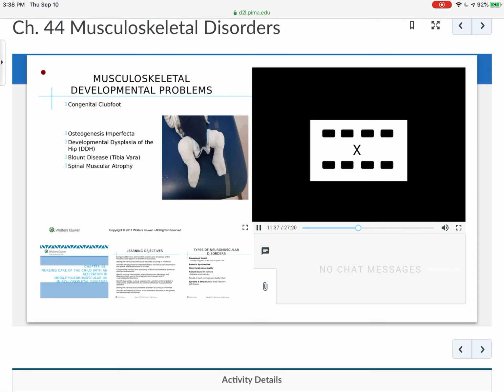It could be idiopathic, which means we don't know. It can be neurogenic. So the goal is to get that foot to the normal position so that they're fully functional with it.